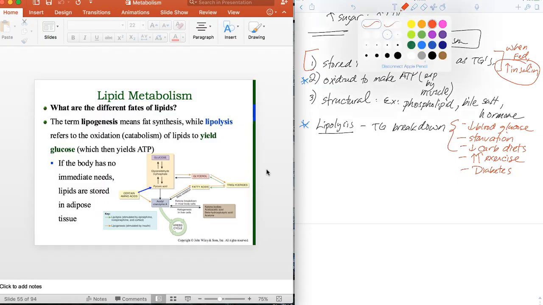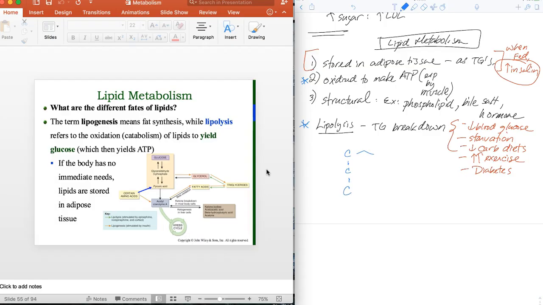All right. Now, when you think about triglycerides, you have this 3-carbon backbone and then a bunch of fatty acids that come from that, right? These are carbons here. And every little corner or angle there is a carbon.